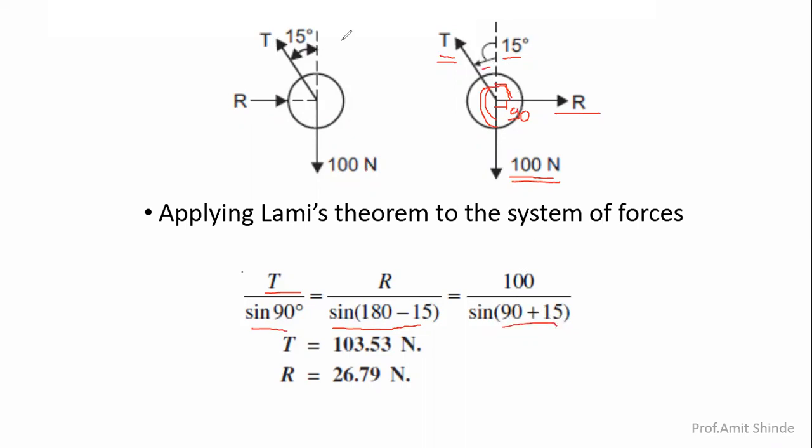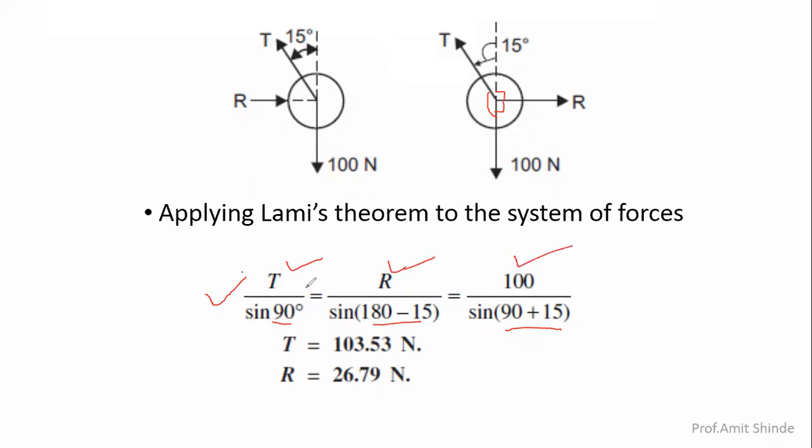Here we have applied Lami's theorem: each force is proportional to the sine of the angle between the other two forces, and the angles we have made are 90, 180 minus 15, and 15 plus 90. Now how to find this? Very simple. Here there are two unknowns, T and R, and this value is known to us.